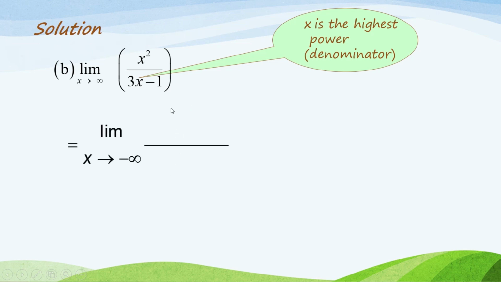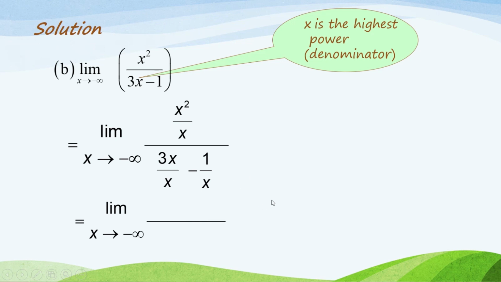Okay, we divide each term by x, so x squared divided by x over 3x divided by x minus 1 divided by x. x squared divided by x, we get x as an answer, and 3x divided by x, we get 3, and minus 1 over x.